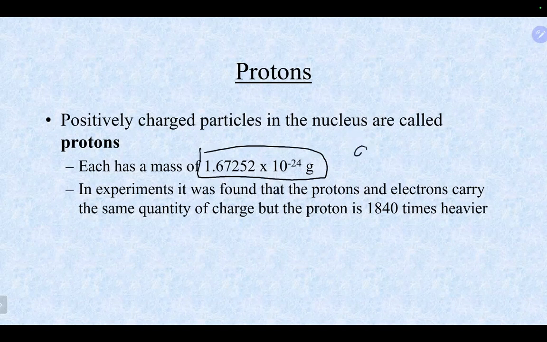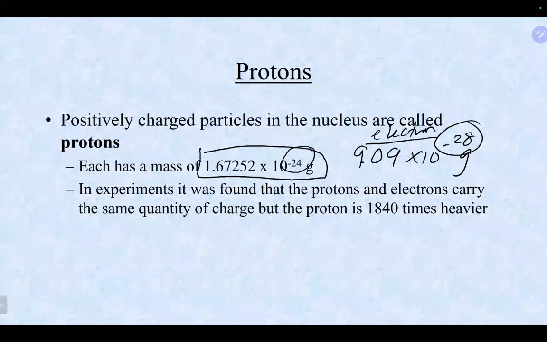If you remember, the electron was something like 9.09 times 10 to the minus 28 grams. So you can see minus 24 is a much larger number than minus 28. In case you're not sure, when you have a negative exponent, the smaller negative exponent is the larger number, because minus 24 means only 24 places to the left, while minus 28 means 28 places to the left with a lot of zeros.